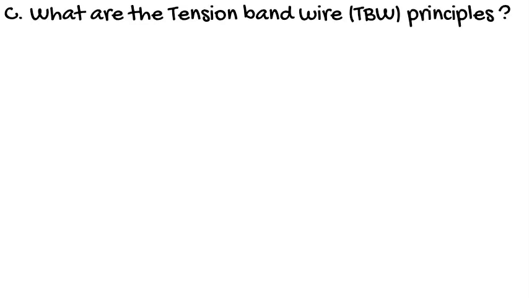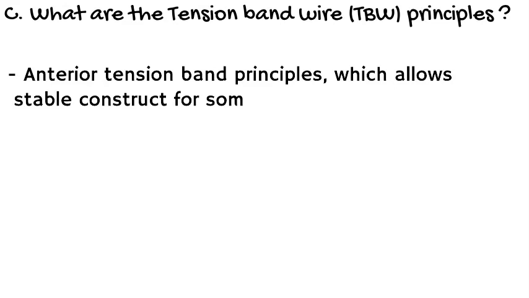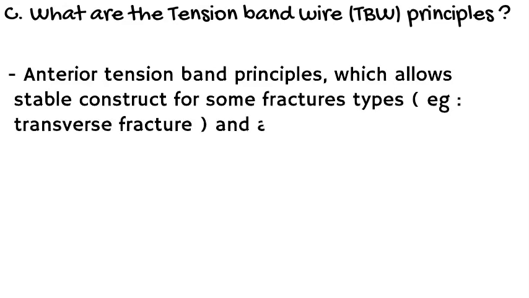C. What are the tension band wire principles? Anterior tension band principles allow a stable construct for some fracture types, for example a transverse fracture, and allow for early mobilization.